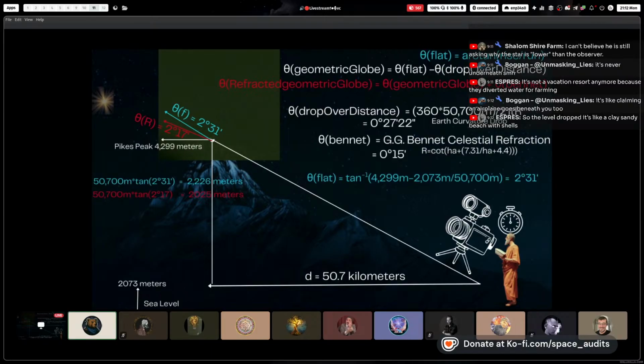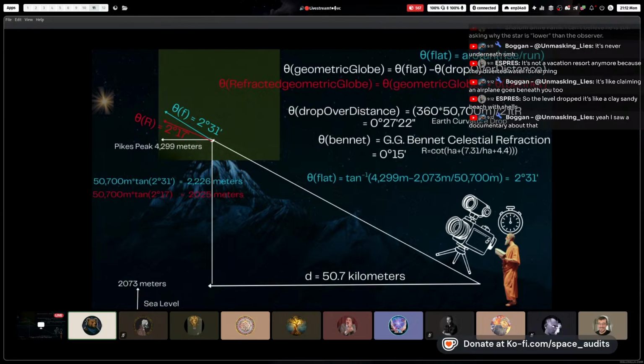But it's a fair question. But if we applied a dip correction, do you understand that the angle would just be positive and it would be fine? There's no issue. So what is the dip correction for? Dip correction is just for observer height, because you're not on the surface of the Earth. Why would the star be going below the horizontal of the observer? There has to be a reason.